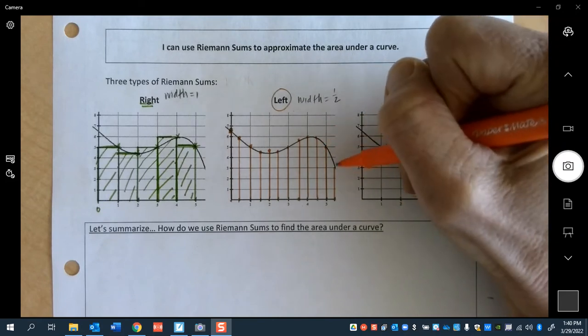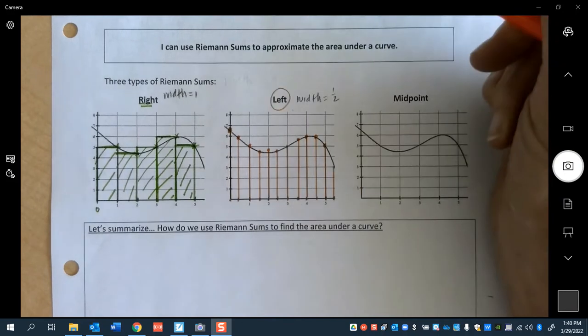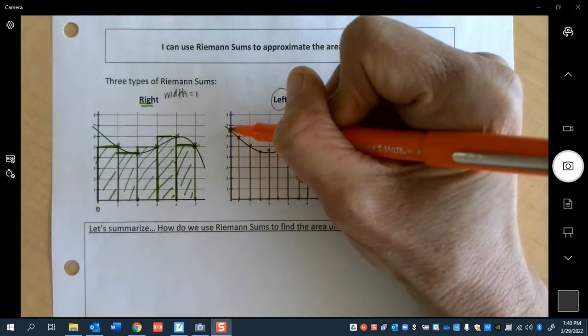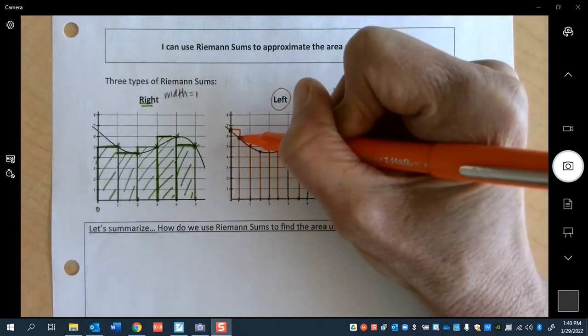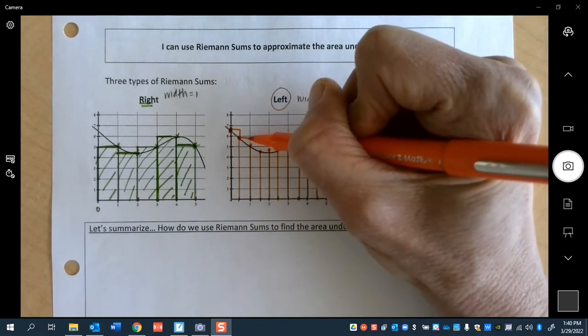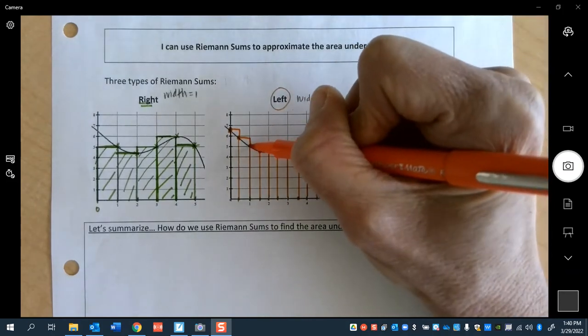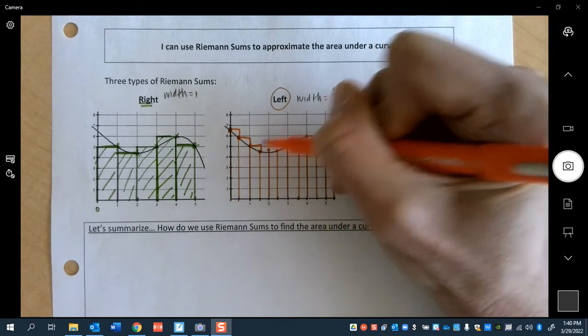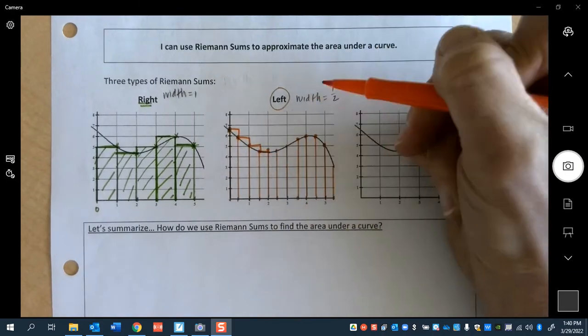Notice I don't mark this one. So when I go to draw that box, this box is a bit of an overestimation. This box over.